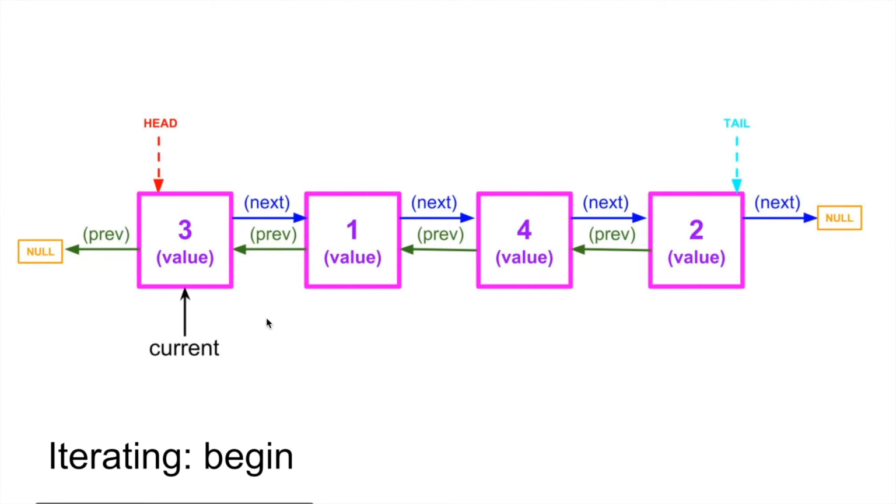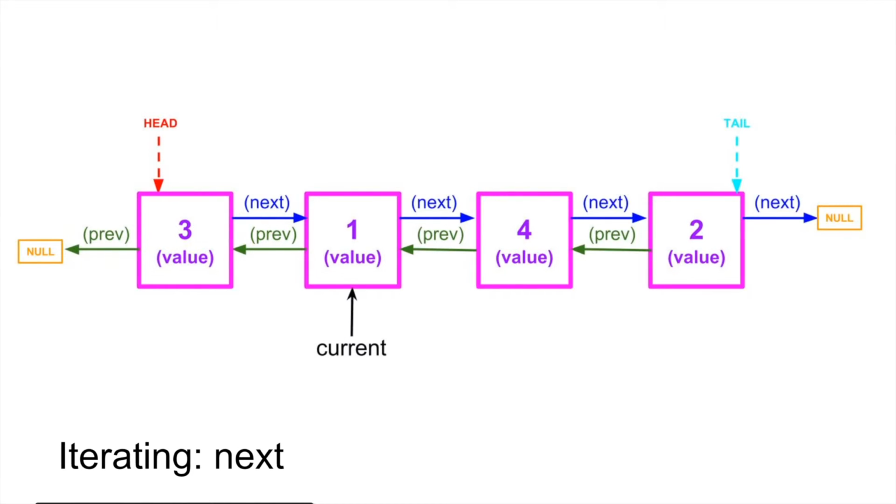Okay, so now there is this idea of iterating, and it's how we move through our list. We have this pointer that points to current, and it always starts at the head node. Now we can go forward and backwards in the list by calling .previous or .next from wherever current is. If we do .next, now current is pointing at the 1 node, and if we do it again, it's pointing at the 4 node.